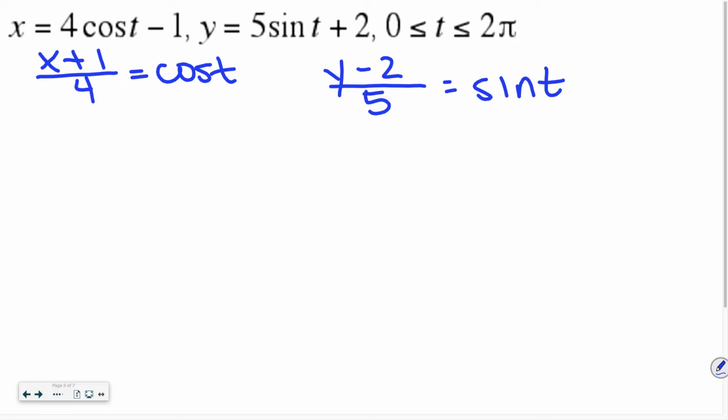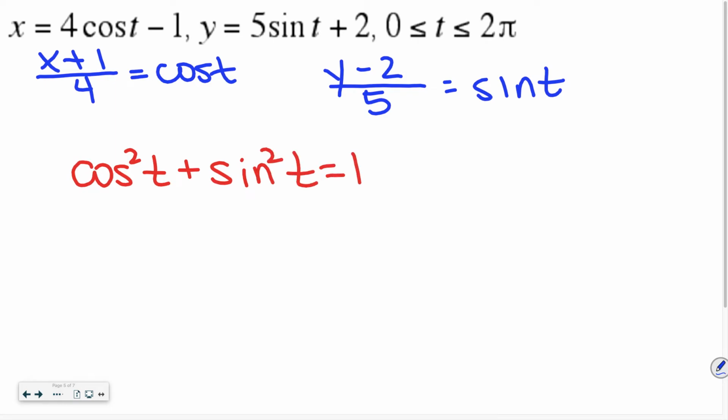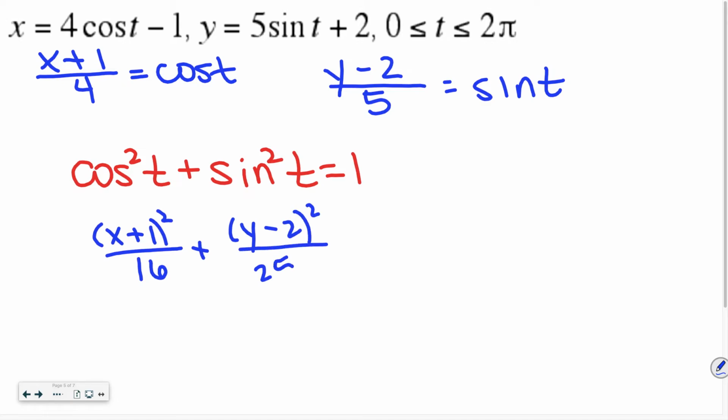Okay, so now what we could do is write it in the order of cosine squared t plus sine squared t equals 1. And so then we can write cosine of t squared plus sine of t squared equals 1.